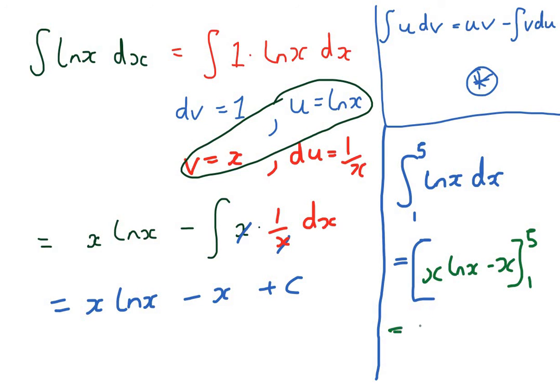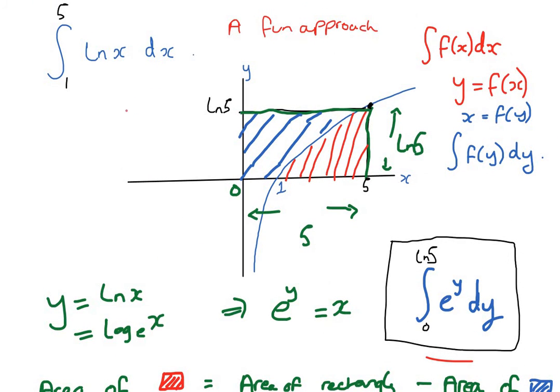Okay, so this is 5 log 5 minus 5, and then we're taking away 1 times natural log of 1, and hopefully you know this is 0. And if you can't see why, then let's go back up to the graph. At x equals 1, our graph equals 0, so natural log of 1 equals 0.